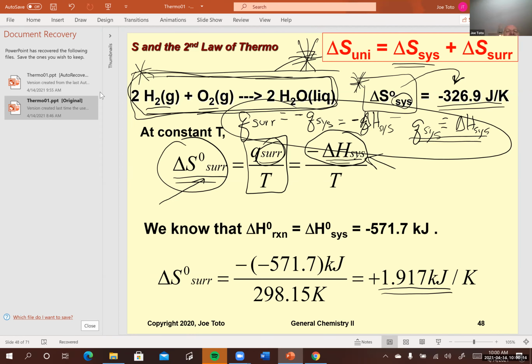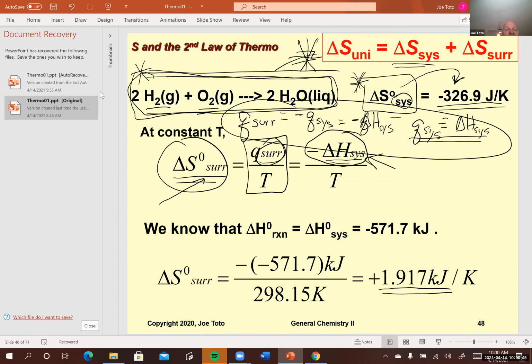Yeah, but how would you know that by just looking at the reactants and their phases and the product and its phase and what you know about entropy? All right, that's all right. This is all new to you, so we have to go back to the definition of entropy, and you should do that as many times as you need to.